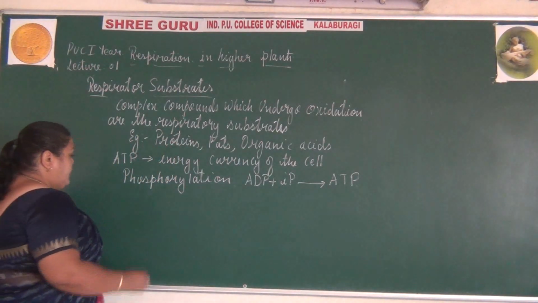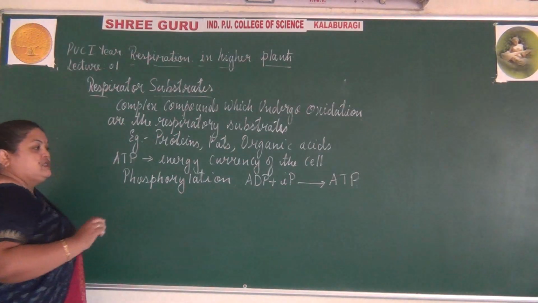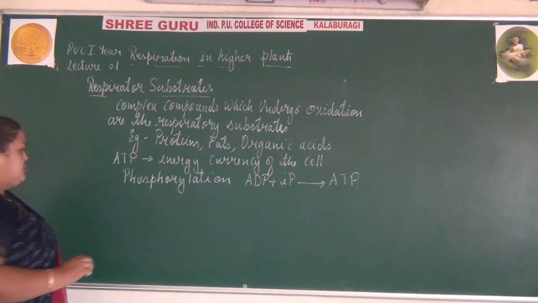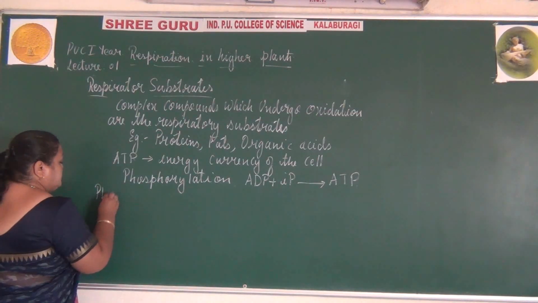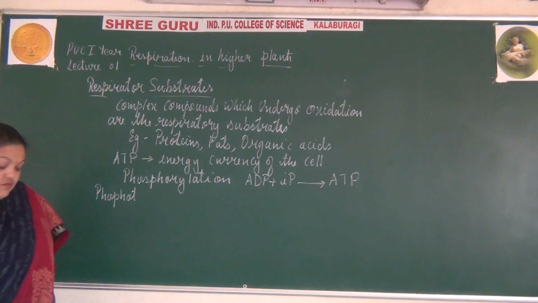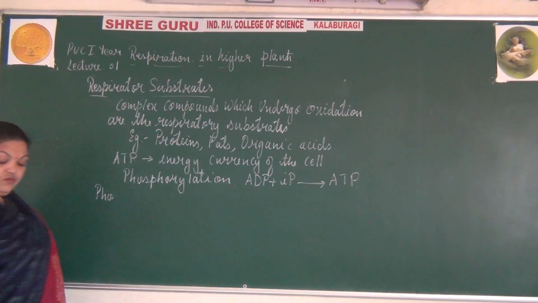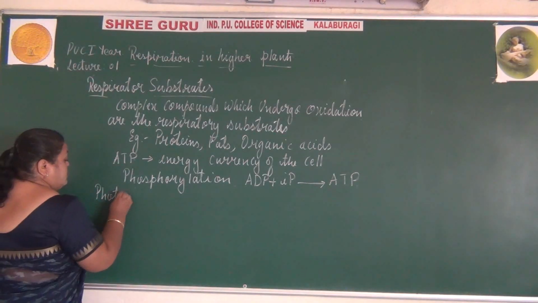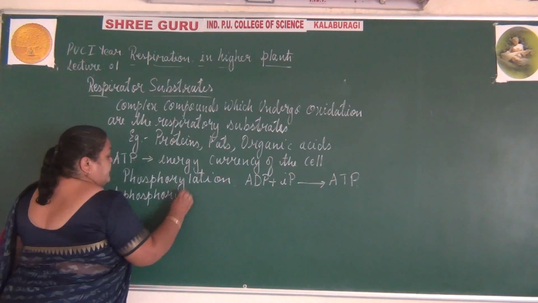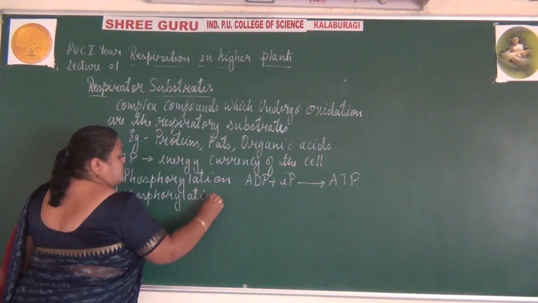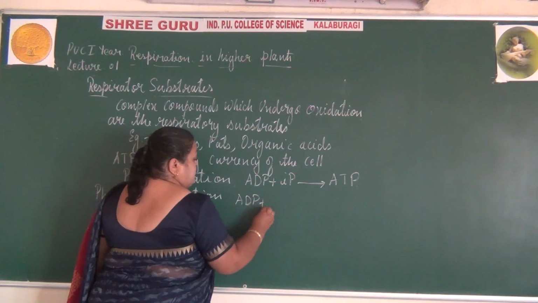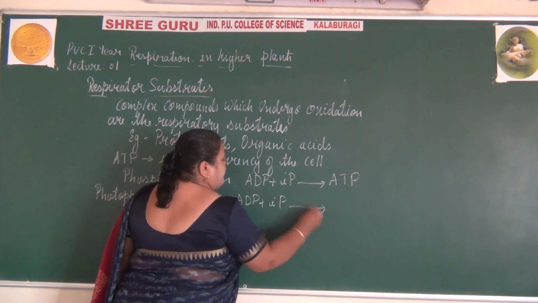And if this process occurs in the presence of light, as we have studied in photosynthesis, it is called photophosphorylation, where synthesis of ATP occurs in the presence of light.